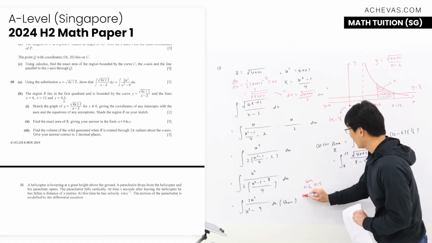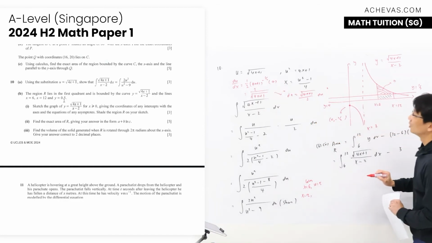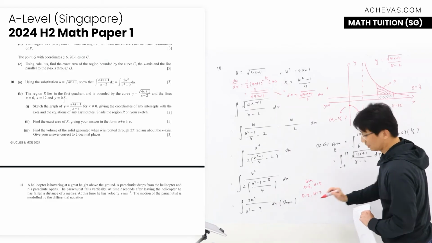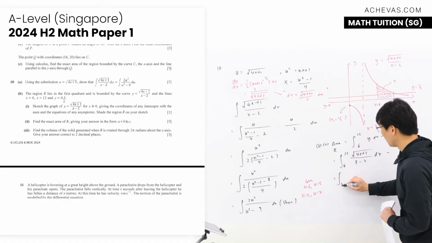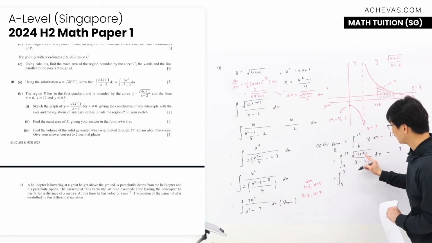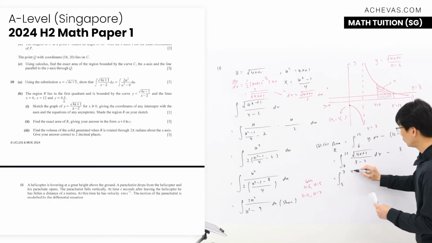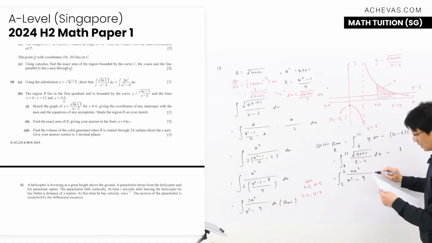Likewise, I'm going to do for x equal to 12. So when x equal to 12, you sub inside here, you will get actually square root 49, which is u equal to 7. Therefore, this one will just be from 5 to 7. This is just this particular part here, which is 2u squared over u squared minus 9, and this is du minus 3.